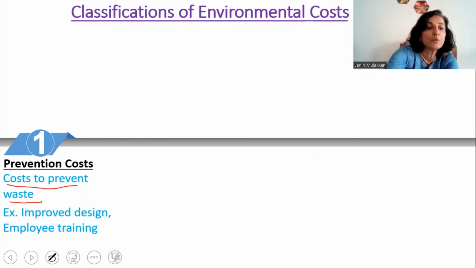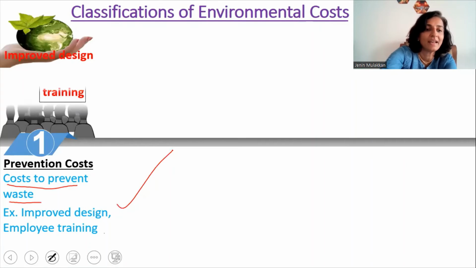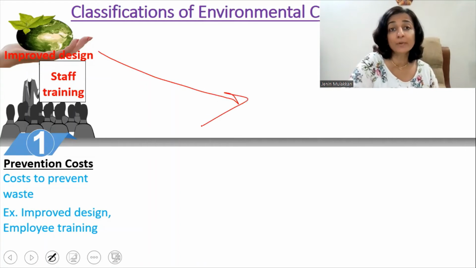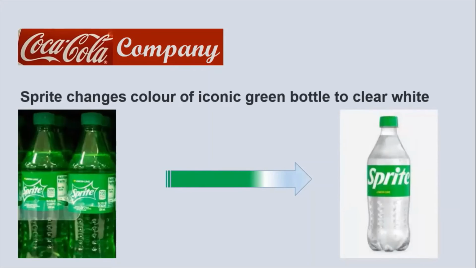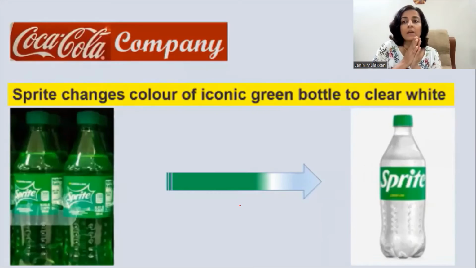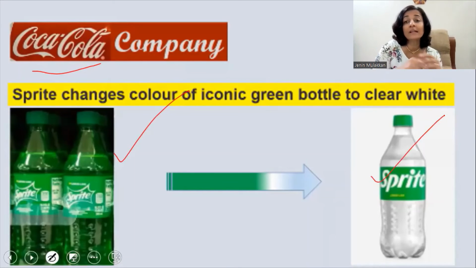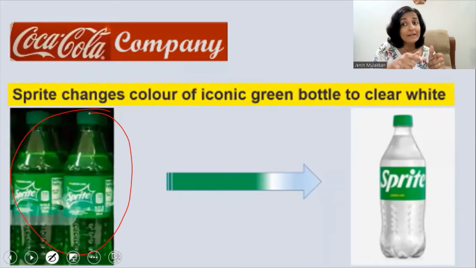These are costs to prevent the waste. Example, improved design and employee training. Now, I will give you an example of an improved design. The reason why Coca-Cola changed the green bottle into the clear white is because green bottles cannot be recycled into new bottles because of the additive which gives the green color.